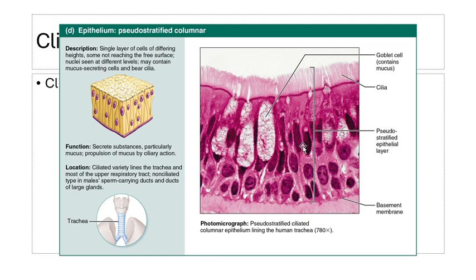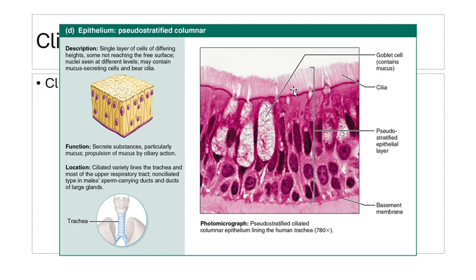All cells are connected to the basement membrane. So because of that, it is pseudostratified. It means false multi-layer. And what is the shape of the cell? The shape of the cells is columnar. They are elongated. You can see the nucleus here. So pseudostratified columnar.